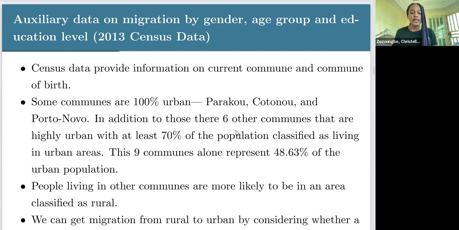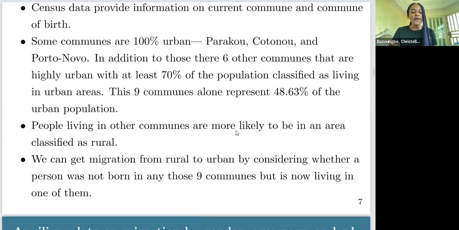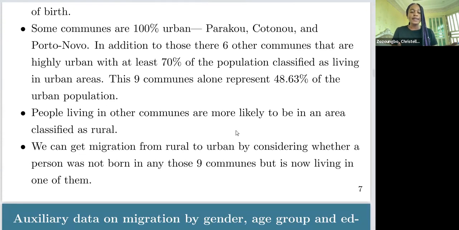That tells how representative of the urban population they are, because people living in other communes are more likely to be in areas classified as rural, even though in those other communes we still have some smaller portion classified as urban. So if I use that definition, I can get migration from rural to urban by considering whether a person was not born in any of those 9 communes, but is now living in one of them.